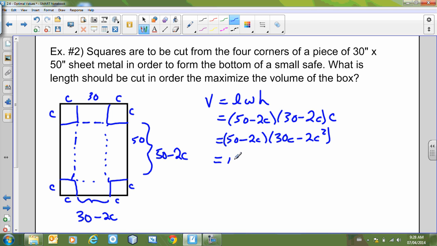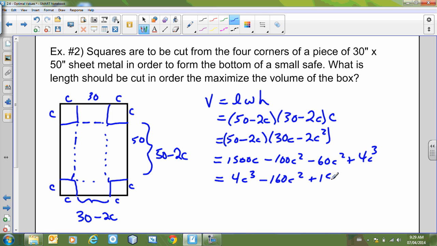And so I get 1500C minus 100C squared minus 60C squared plus 4C cubed. And we'll simplify this a little bit more, rewrite it: 4C cubed minus 160C squared plus 1500C.